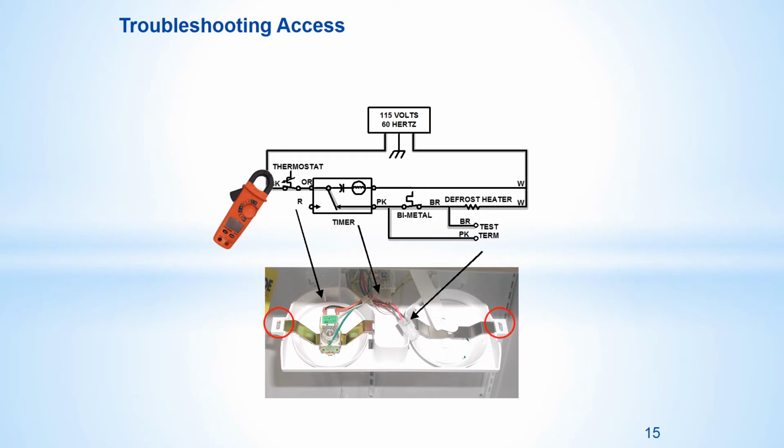Two screws removed will gain access to the following components and voltage access points: the thermostat, the timer, and the test terminal. Test terminals have been provided on non-electronic Whirlpool-made refrigerators for many years, which makes it possible to make voltage measurements across the entire circuit without physically accessing the heater and the bimetal.